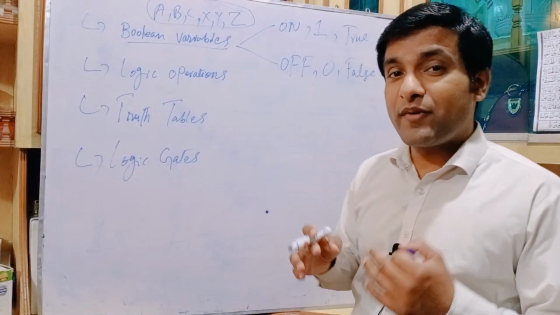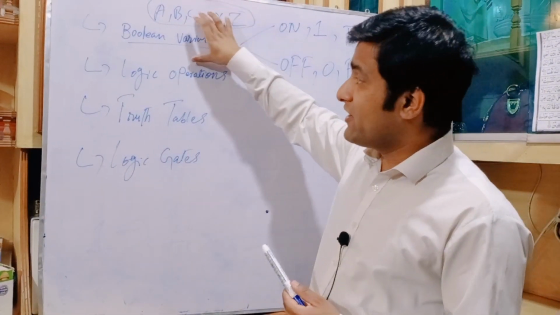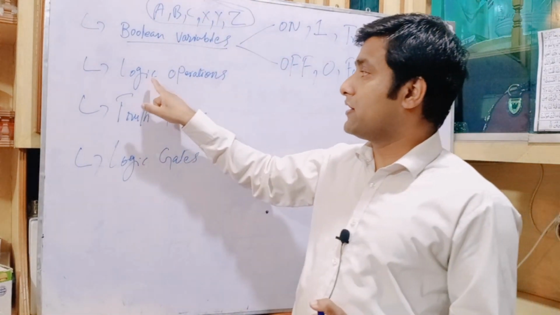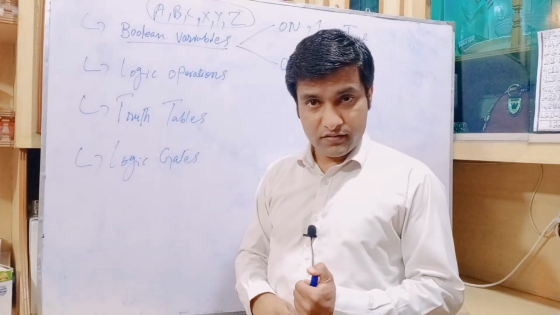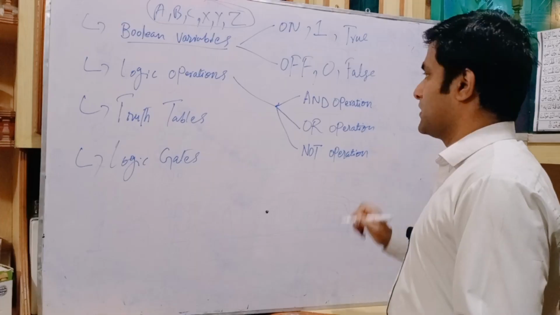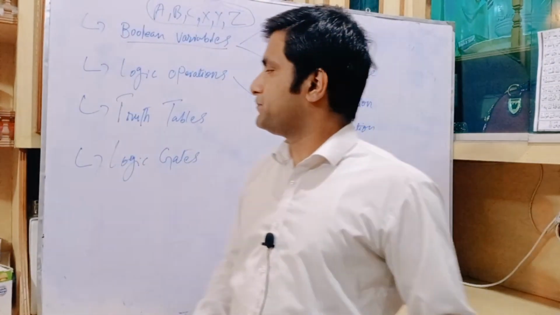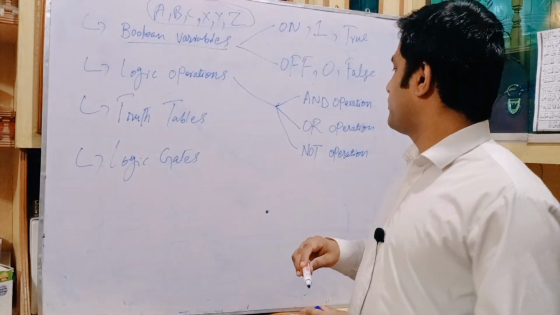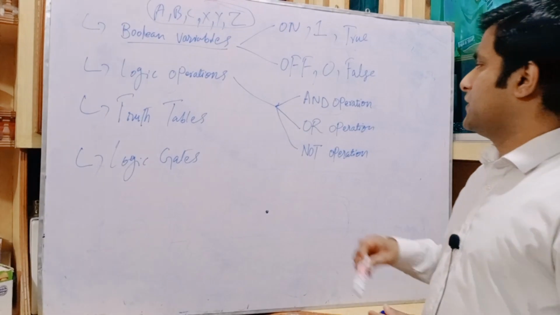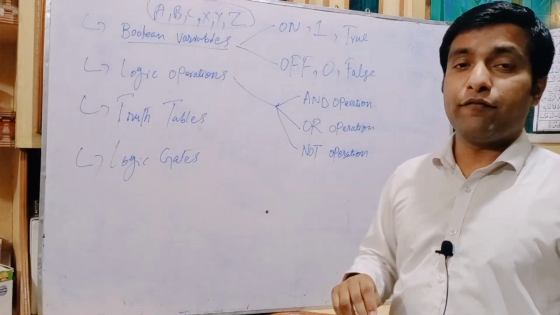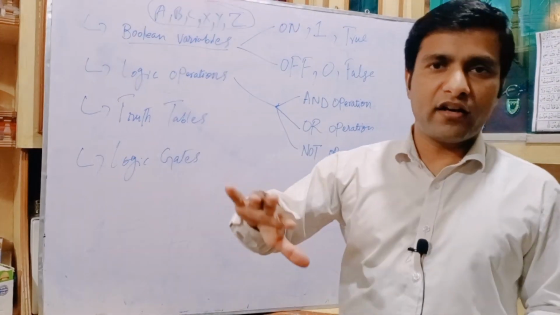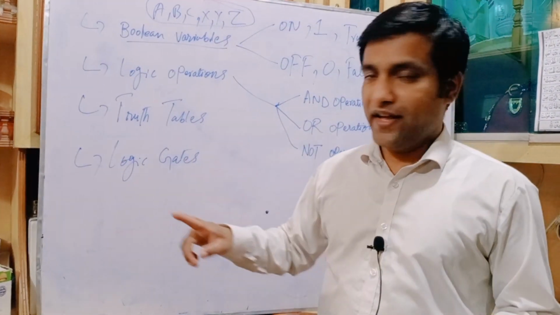So there are three basic logic operations: AND operation, OR operation, and NOT operation. These operations follow the rules of Boolean algebra. Later I'm going to discuss all of these, so don't worry about that.